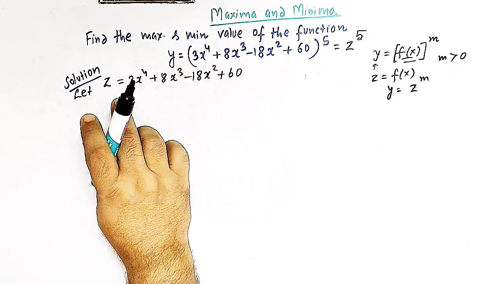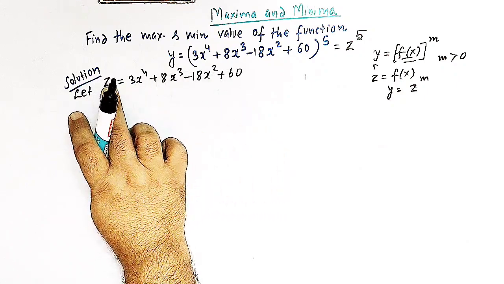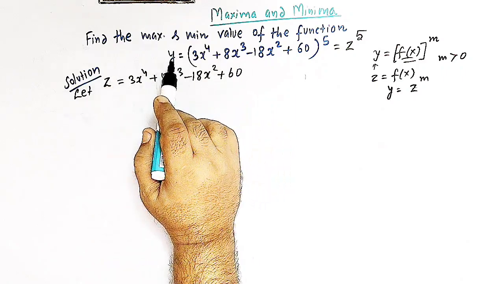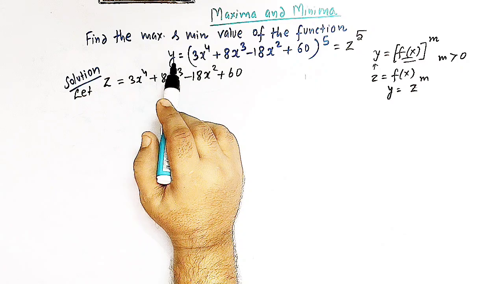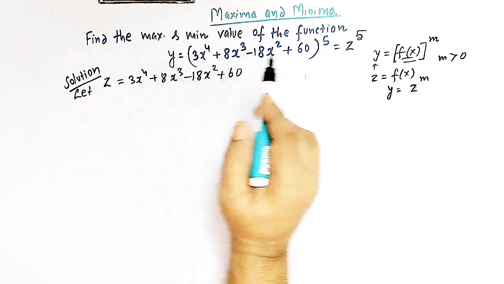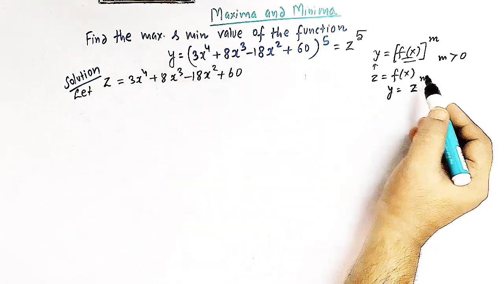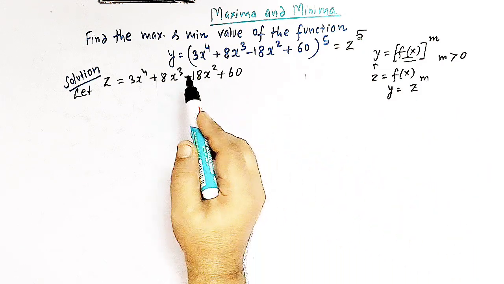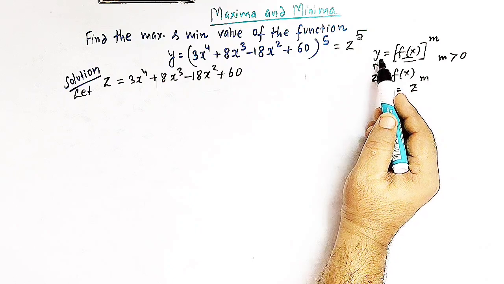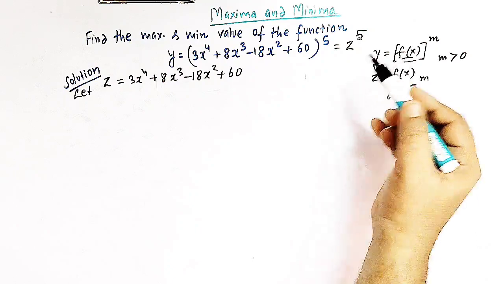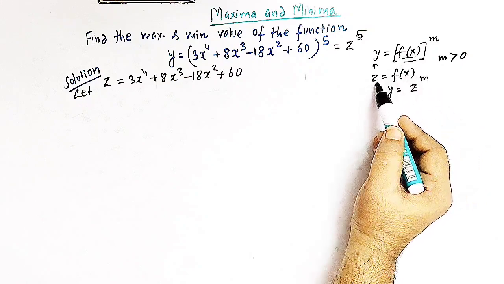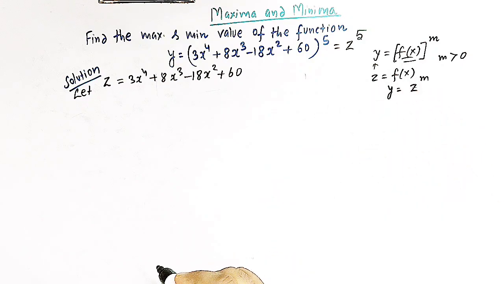Once we get the maximum and minimum value of z, we can easily find the maximum and minimum value of y, which is z raised to this power m. So we can say that y is maximum or minimum according as f of x, which is z, is maximum or minimum.